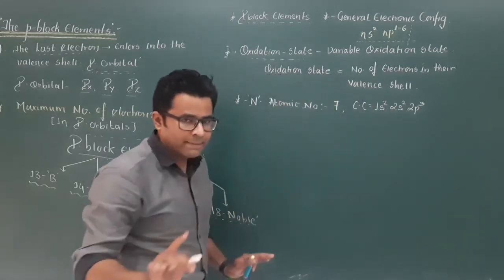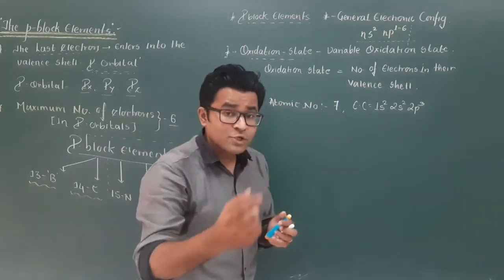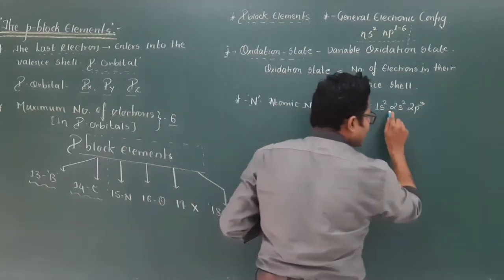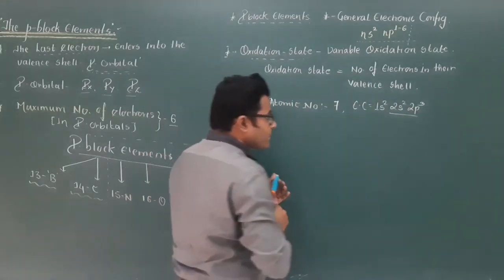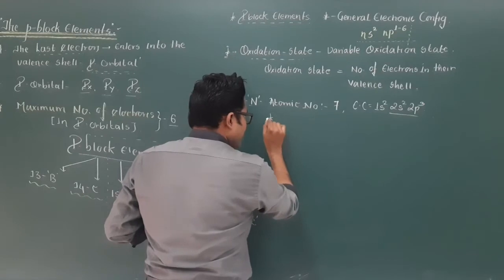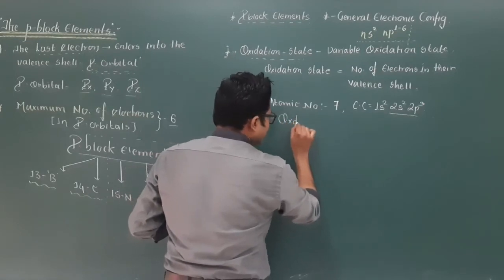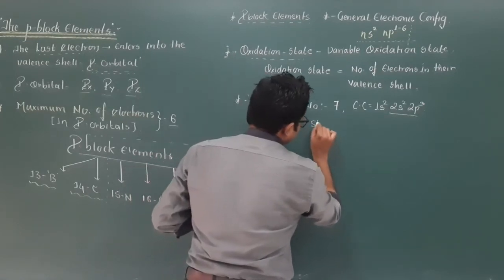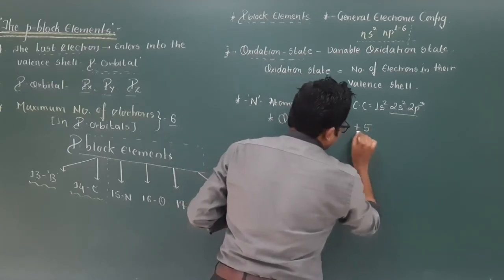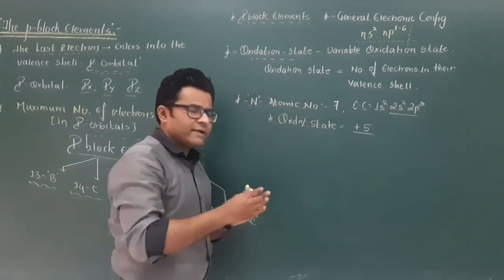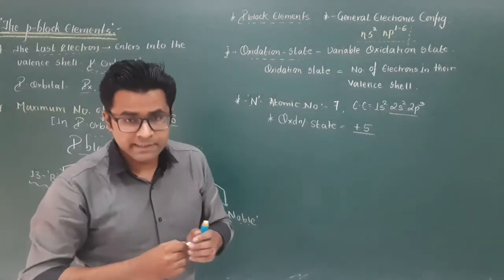This is what is going to happen. So the valence shell is nothing more than these, because it's the outermost one. Okay, so here the oxidation state for nitrogen is +5. It varies from +5 to -3.